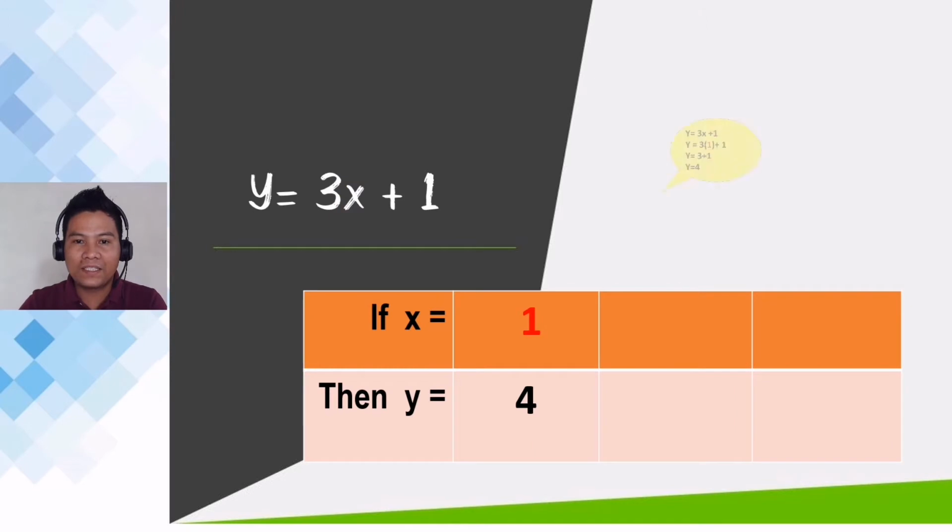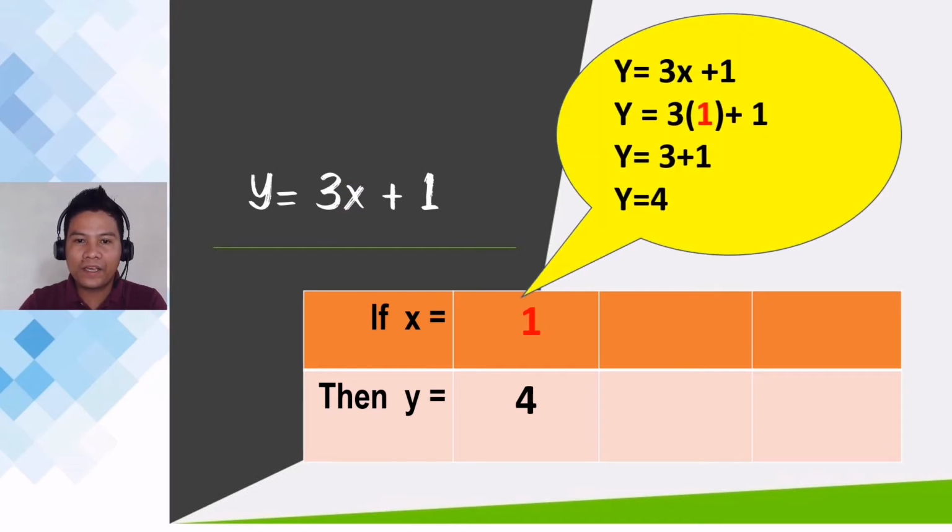Y is equal to 3x plus 1. Y is equal to 3 times 1 plus 1. Y is equal to 3 plus 1 and y is equal to 4. So you notice that if x is changed, y changes.